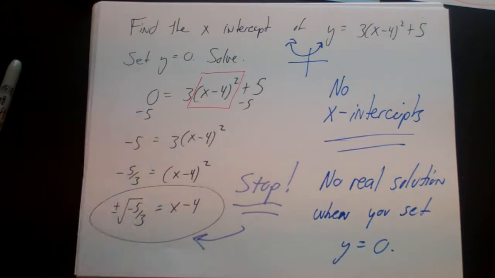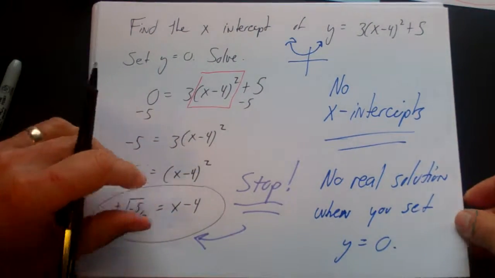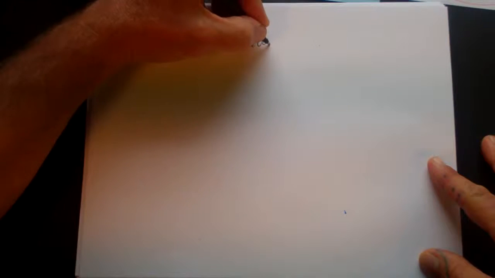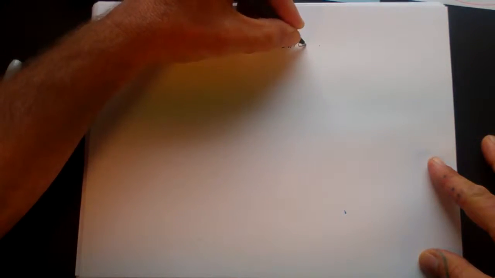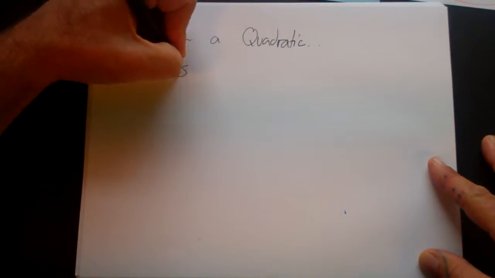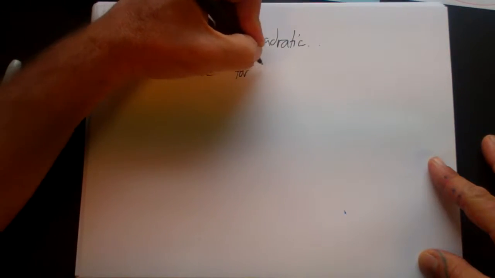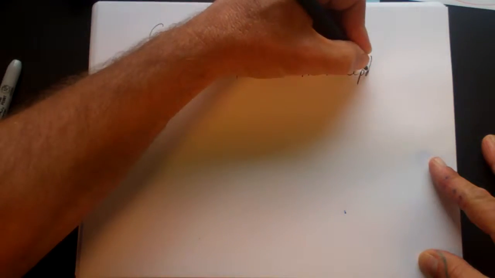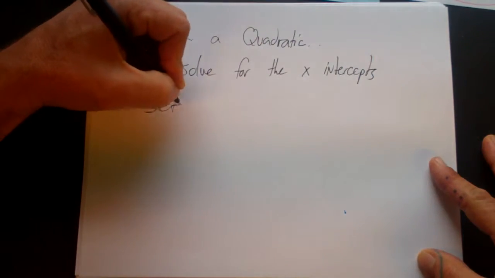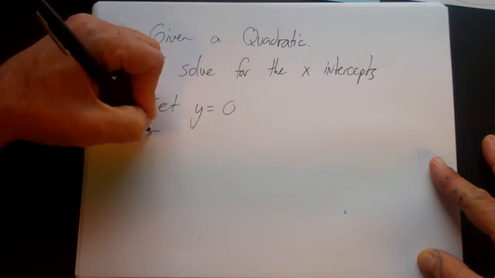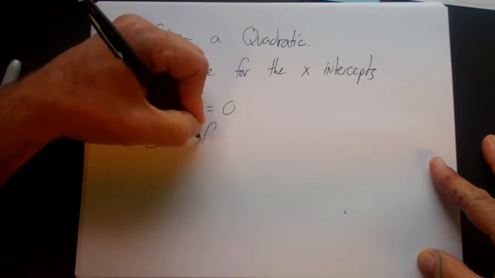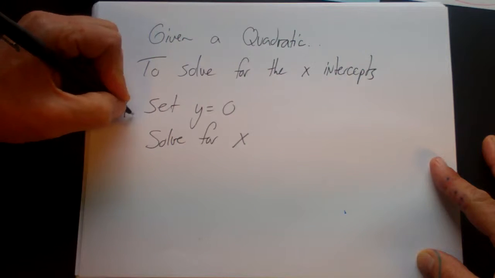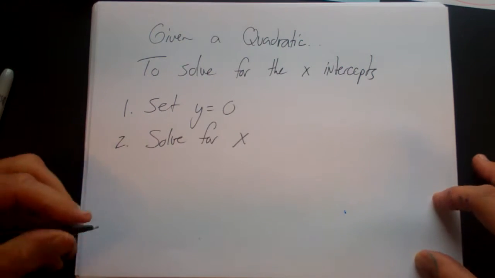So let's review the notes real quick. To solve for the x-intercepts, given a parabola or a quadratic, you set y equals 0 and you solve for x. 2 steps. 1, set y equals 0. 2, solve for x.